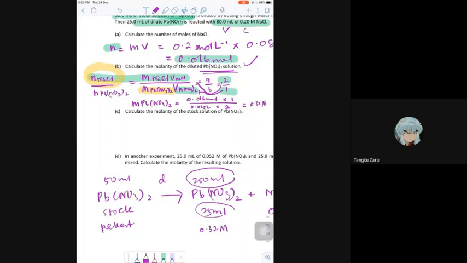So we want to know the molarity of the stock solution. We have to use the dilution equation, M1V1 equal to M2V2. We want to determine M1. So M1 is equal to M2V2 over V1. Molarity of the dilute solution is 0.32 molar. Multiply with the volume.